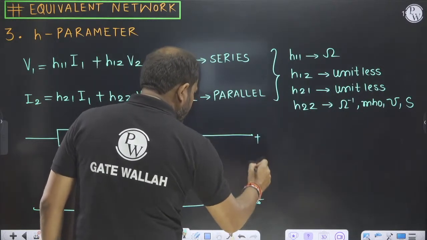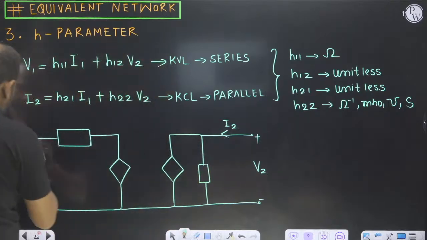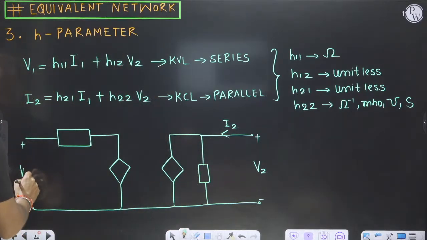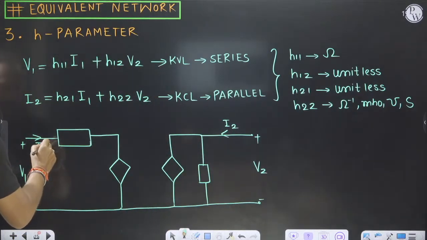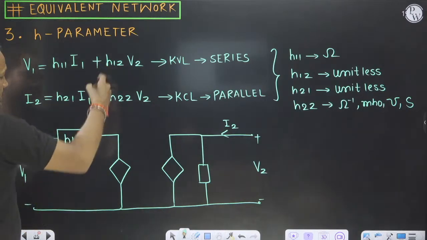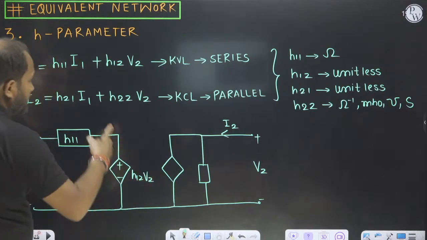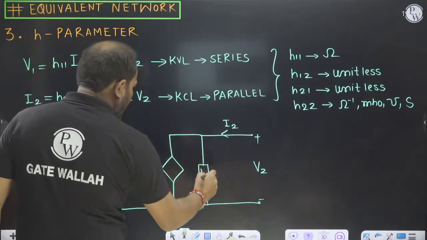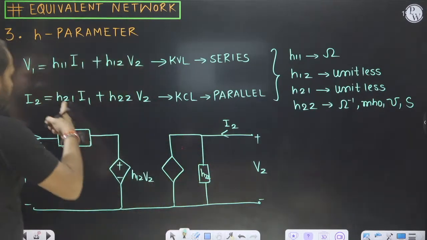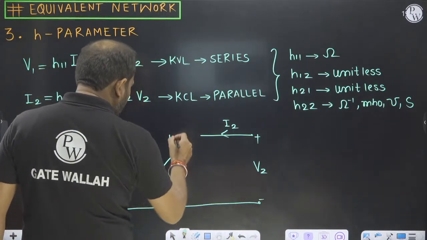This is voltage V2, this is current I2, this is voltage V1, this is current I1. H11 I1, H12 voltage source V2, H22 I2 and H21 I1, H22 I2.